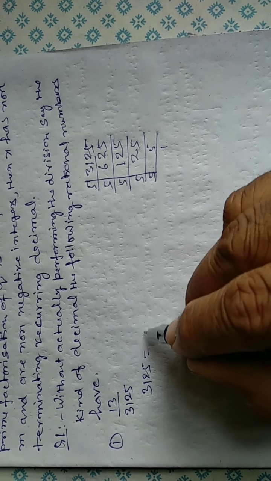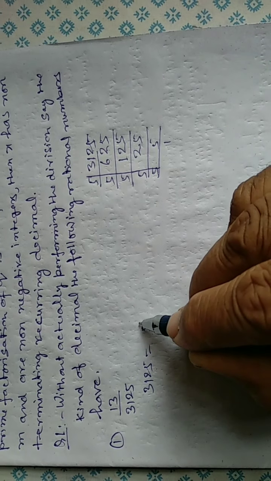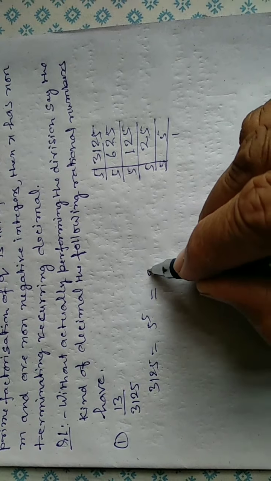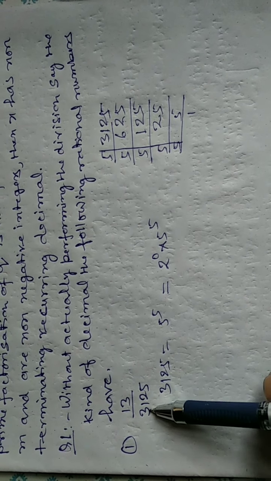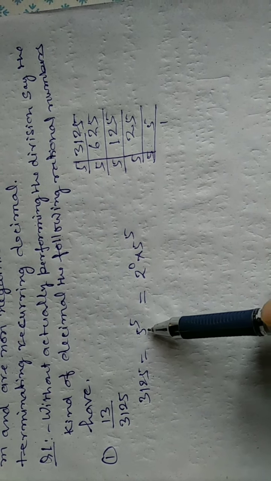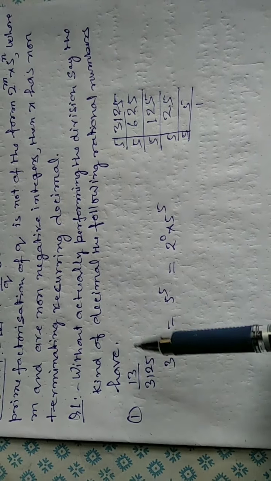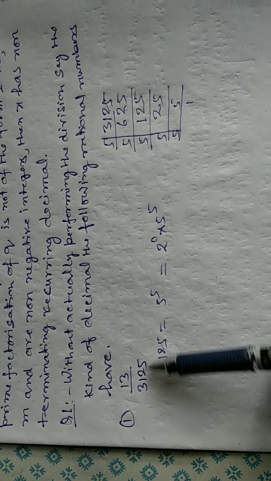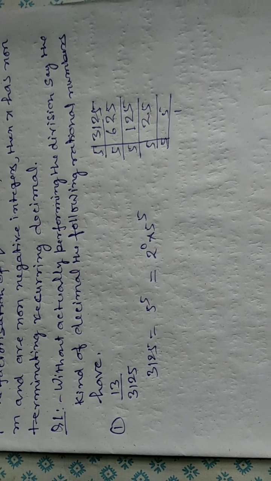Then 5 is present 5 times, so you write 5 power 5. 2 is not present here, so you can write 2 power 0 into 5 power 5. Now see, in the prime factors of 3125, only the prime factor 5 is present. From the above theorem, you can say that 13 by 3125 has a terminating decimal.